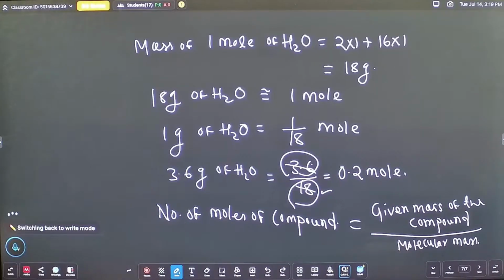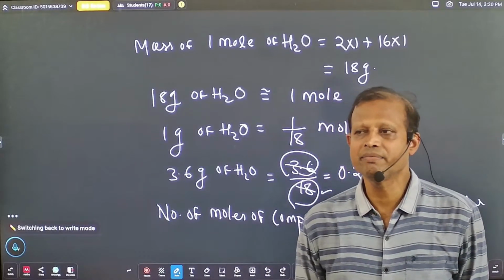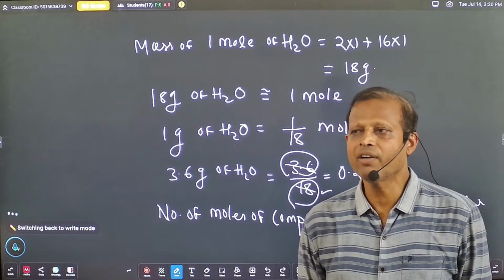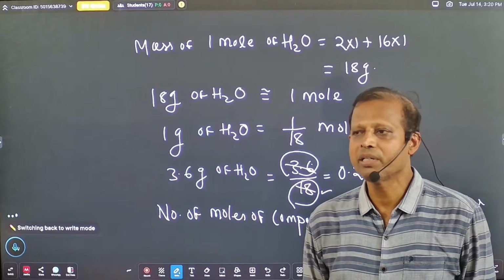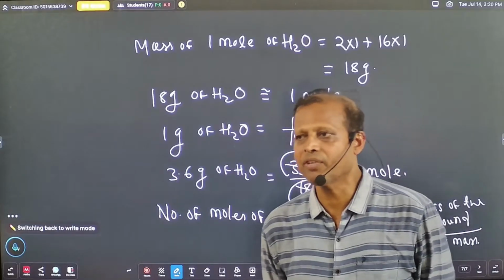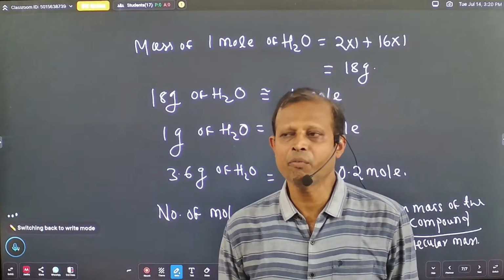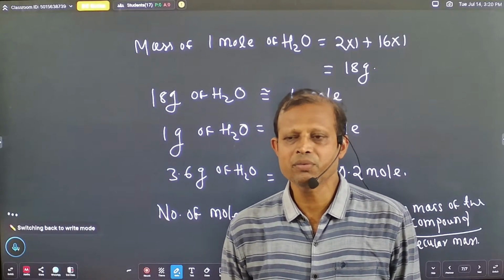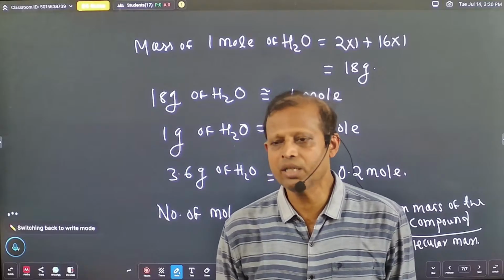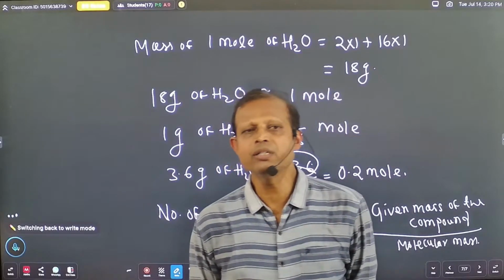8.8 gram of carbon dioxide. Find the number of moles present in 8.8 gram of carbon dioxide.